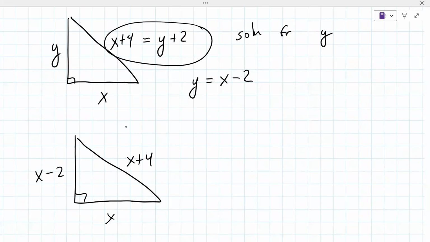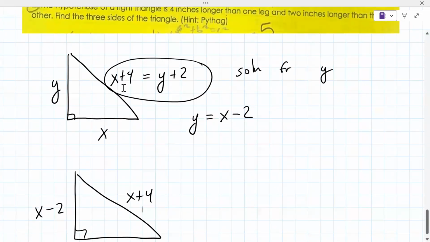Wait, I'm confused. How do you take the x plus 4 equals y plus 2 to the triangle below? Well, you can use either x plus 4 or y plus 2 on the hypotenuse, either one.